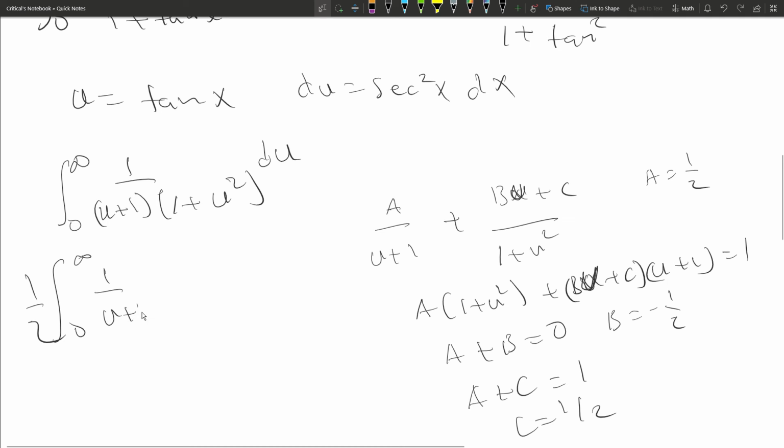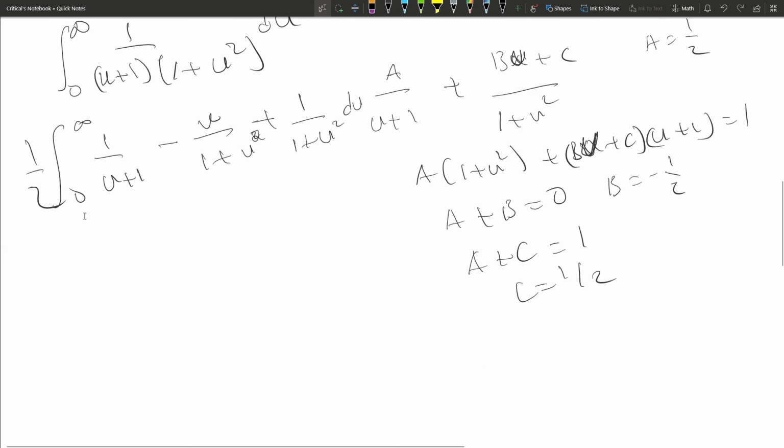1 over u plus 1 plus, I'm going to split the terms, so Bu, which is minus 1, so this should be minus u over 1 plus u squared, plus 1 over 1 plus u squared du.